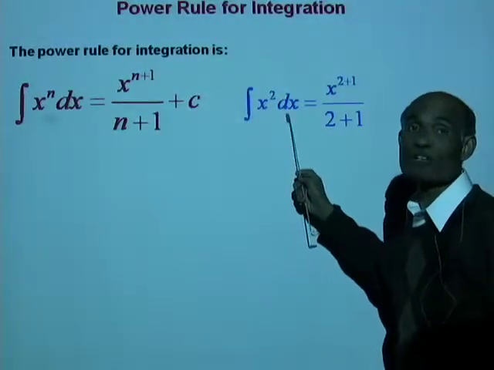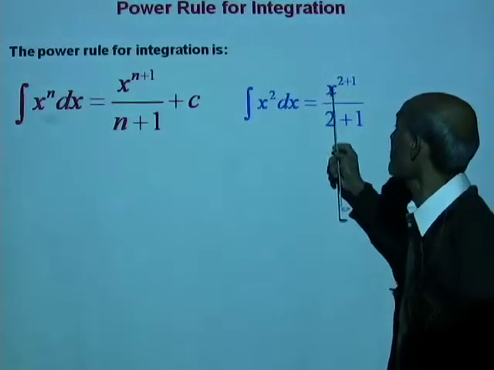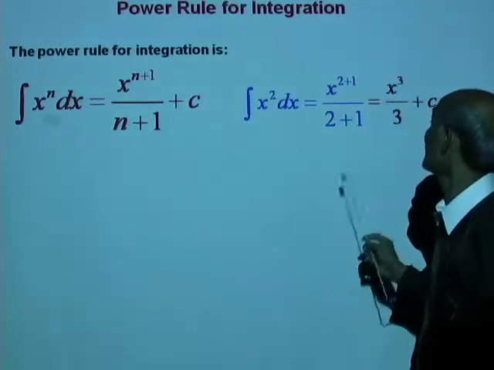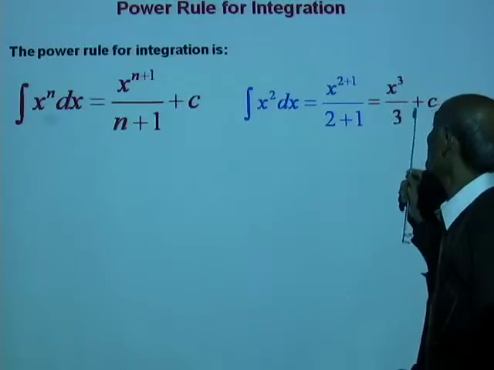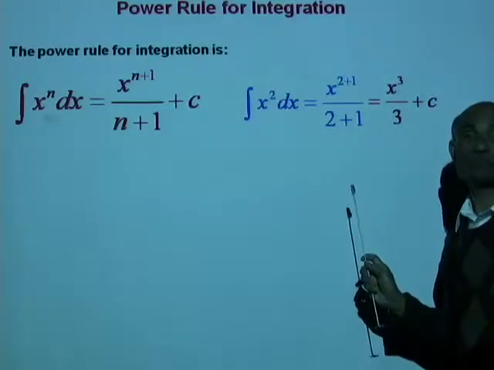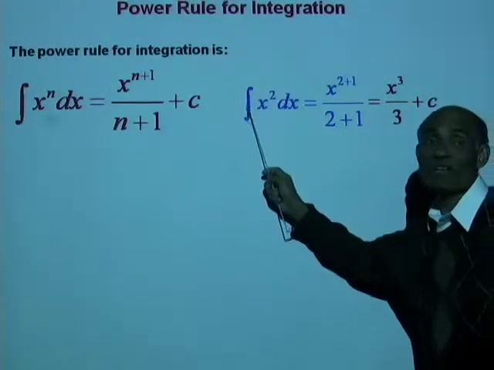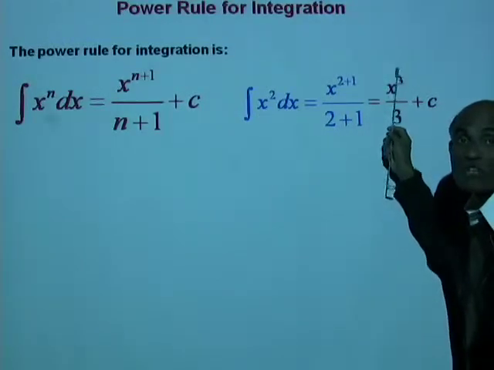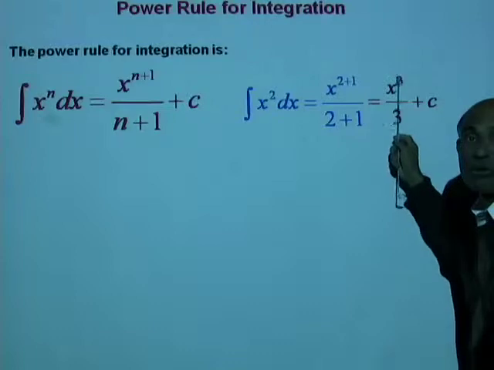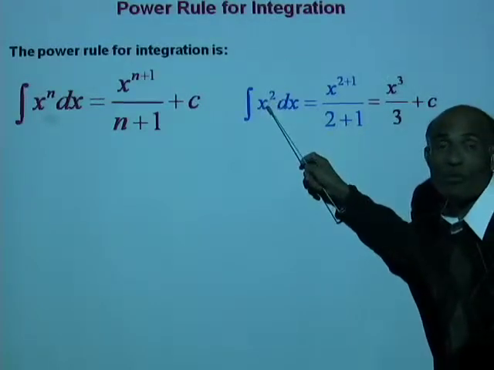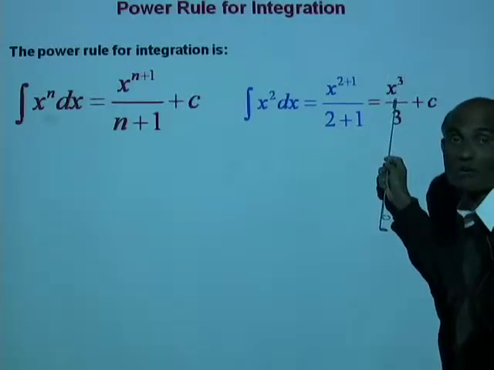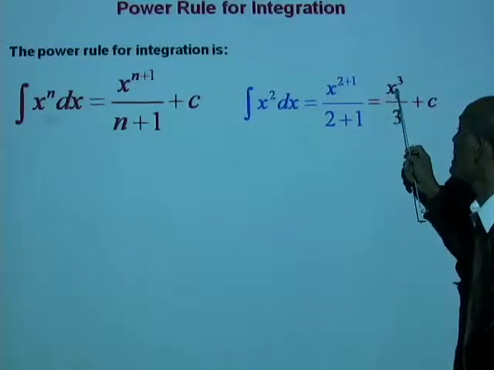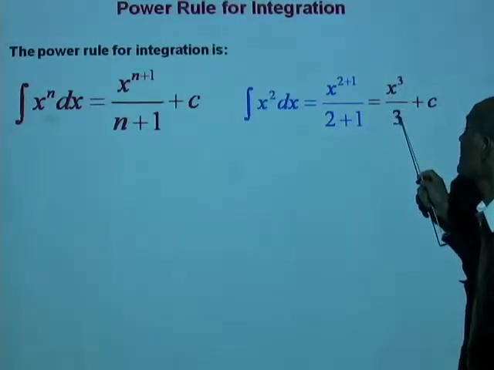Here it is. Integral x squared dx is x to the power of 2 plus 1 over 2 plus 1, which is x cubed over 3 plus c. Remember, we have integrated x squared dx to get this. That means if you find the derivative of this, you must get x squared. Can you check it on your own? The derivative of x cubed is 3x squared. 3 and 3 will cancel.